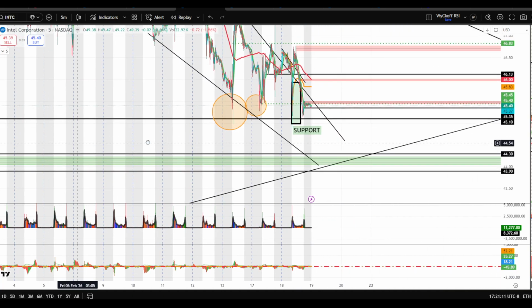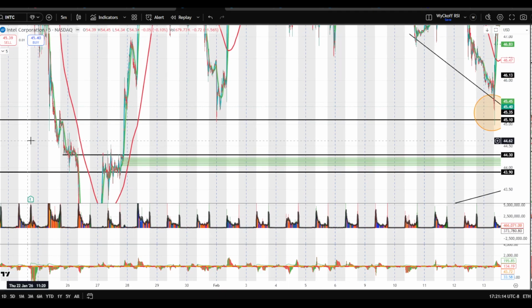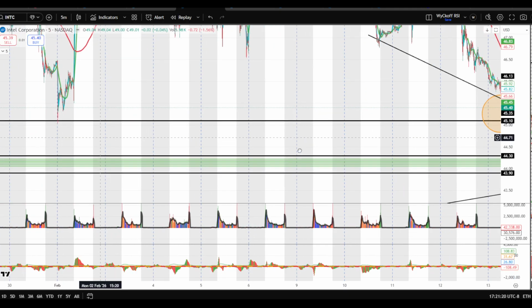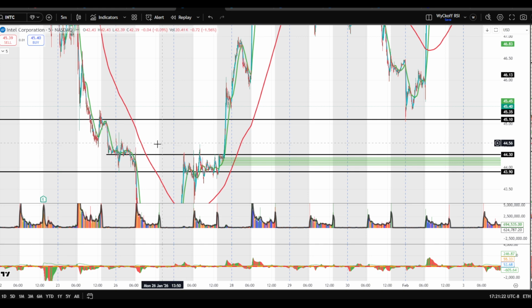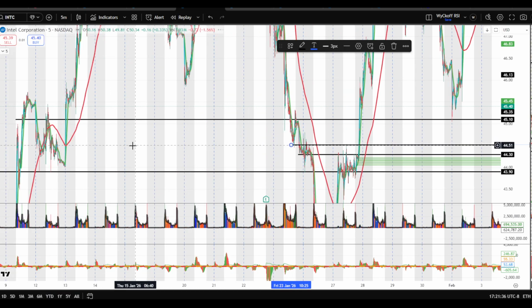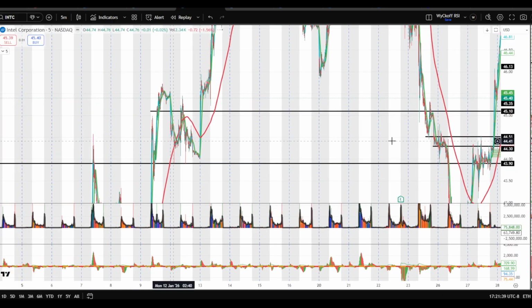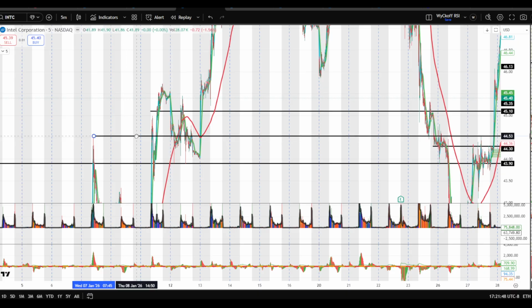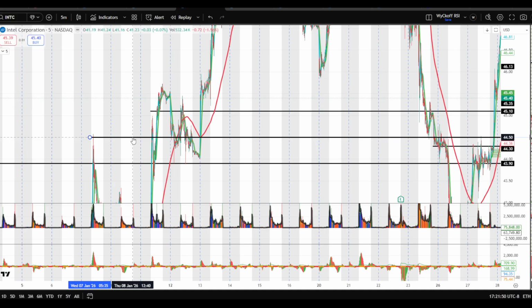That would possibly be the next level of support, or 44.60, maybe 44.50. Price could drop lower, and you see that it has had previous reaction support areas here. So 44.50 might be the next support level if it drops lower.